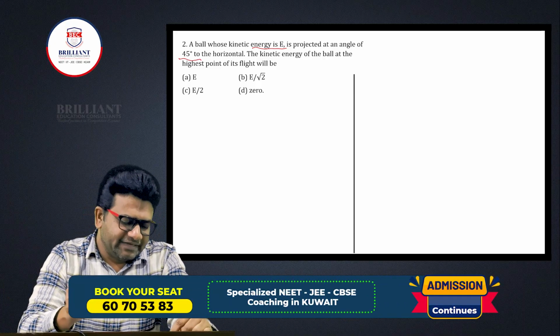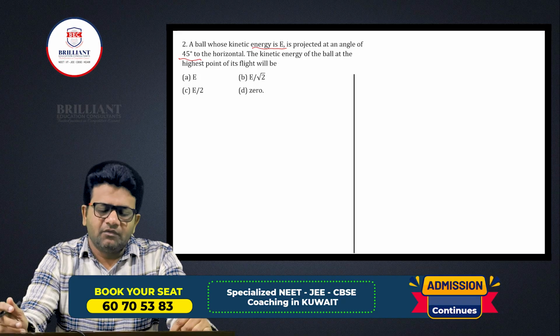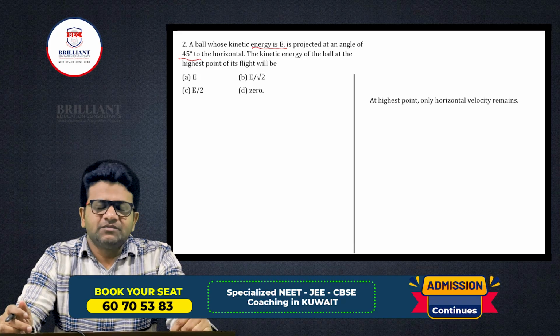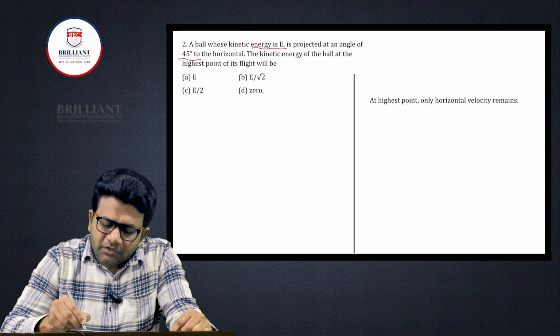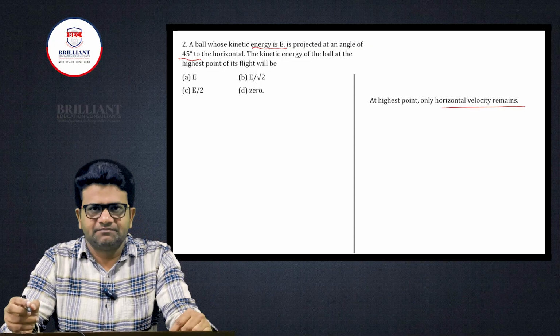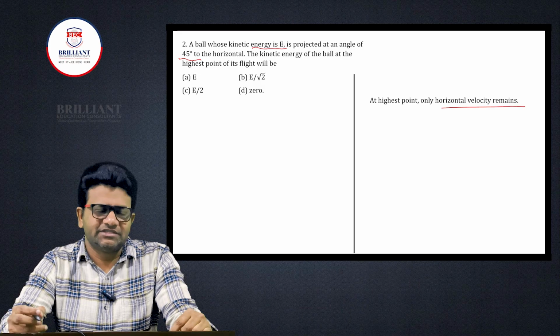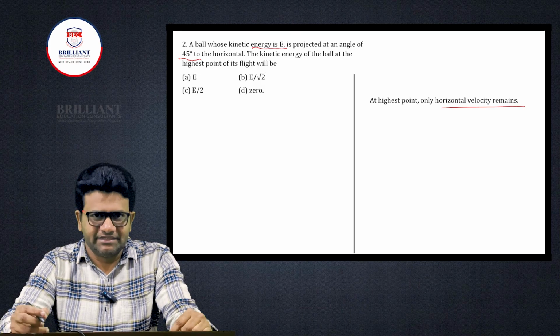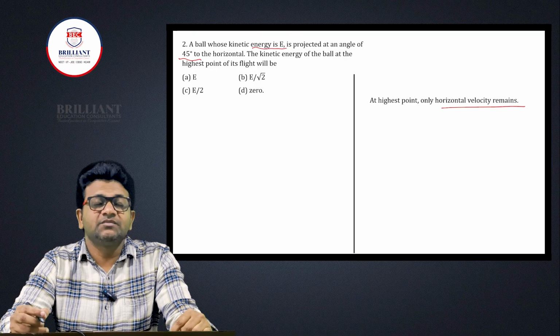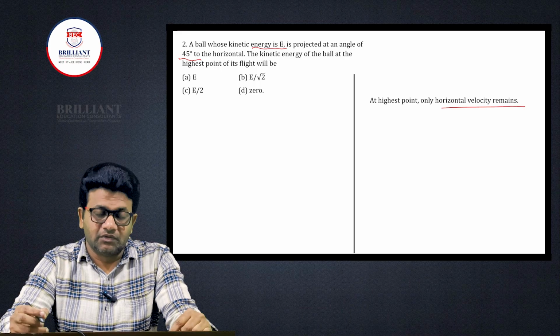Then we have to find the kinetic energy at the highest point. We know that at the highest point only horizontal velocity remains. At the initial point, horizontal velocity and vertical velocity are there, that is U cos theta and U sin theta. But at the highest point, only horizontal velocity, that is U cos theta, exists.